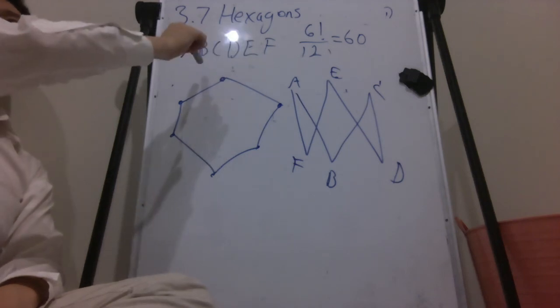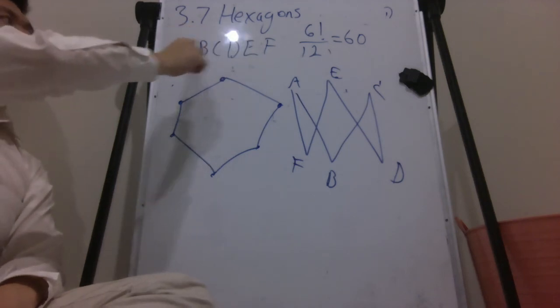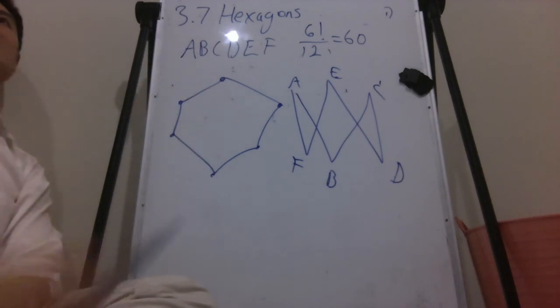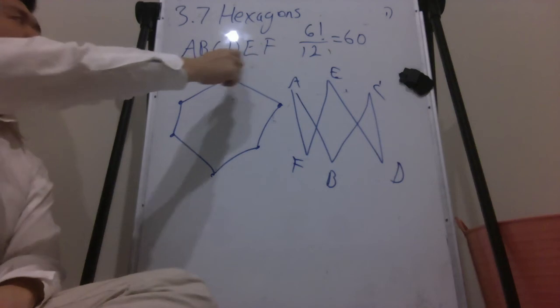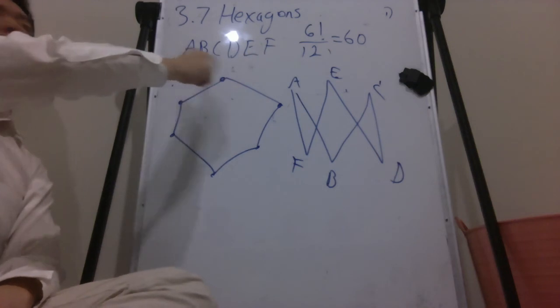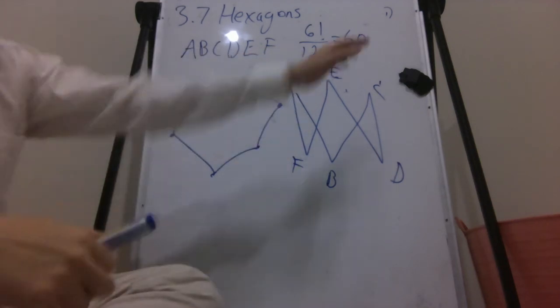You can also go the other way, B, A, F, E, D, C, or C, D, E, F, A, B. So there are 6 starting points times 2 directions, which is 12. That's 12, and there are 60 different hexagons.